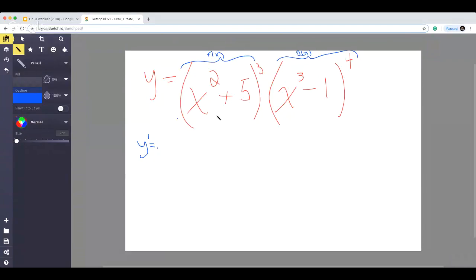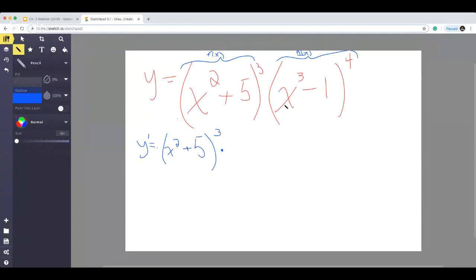Just double checking. Okay. So product rule says we have to do the first thing times the derivative of the second, plus the second thing times the derivative of the first. What's the first thing? Well, we just copy it down: x squared plus 5 to the third, times the derivative of the second. Derivative of this whole thing. Now we have a chain rule situation because we have a parentheses to the fourth.